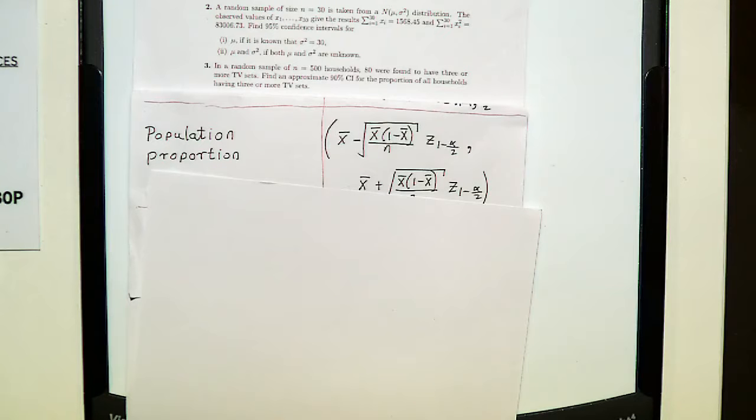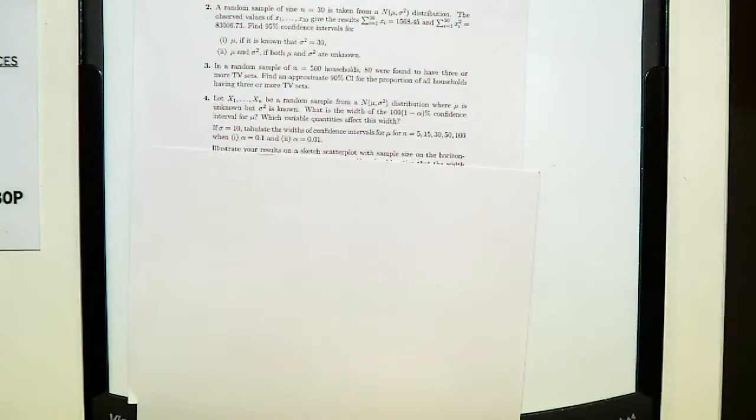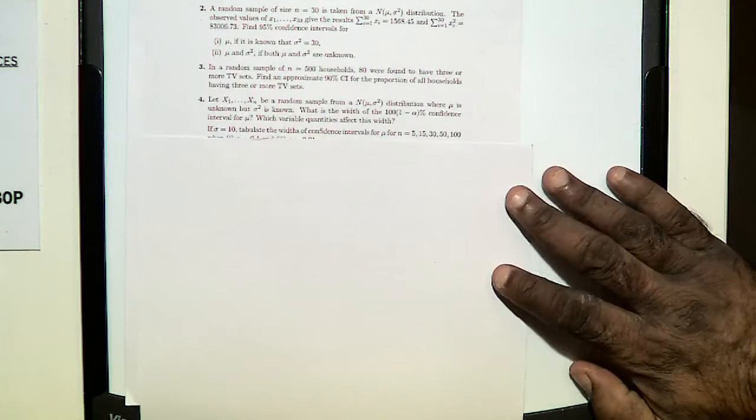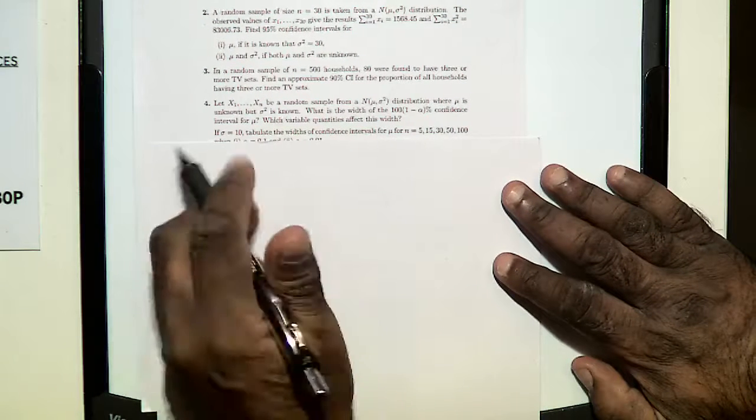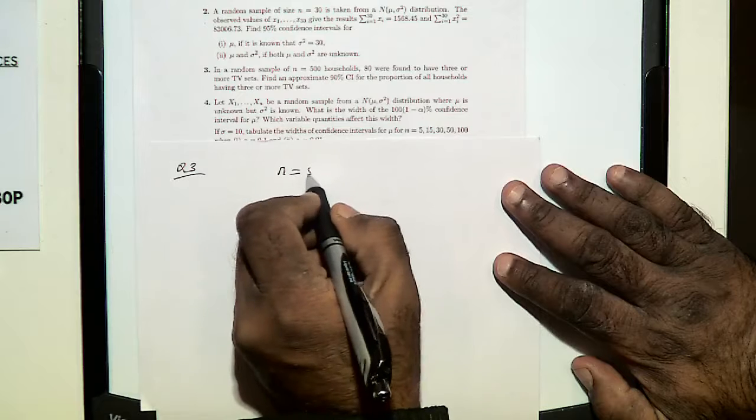So let's write down what is given to us, first of all. We are told that n is 500.